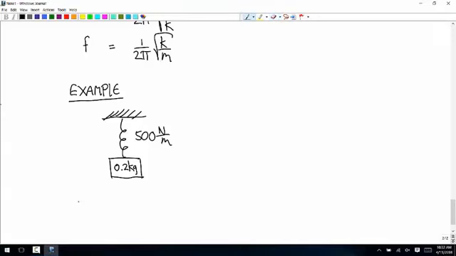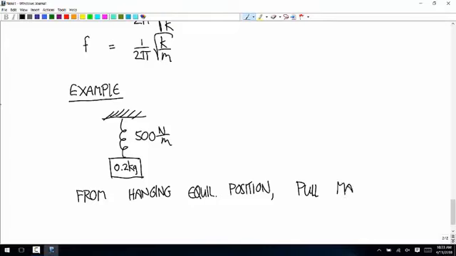And from the hanging equilibrium position, let's say that we pull the mass 1 centimeter down and release it.